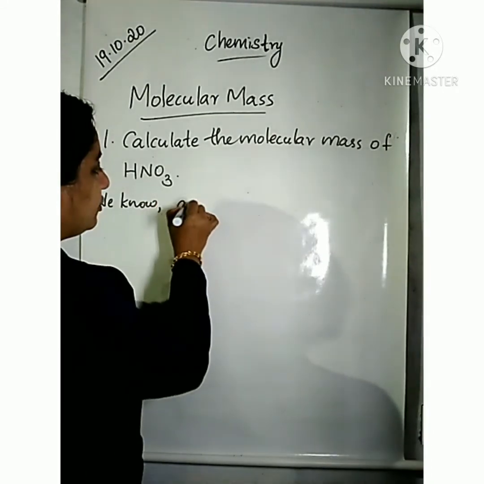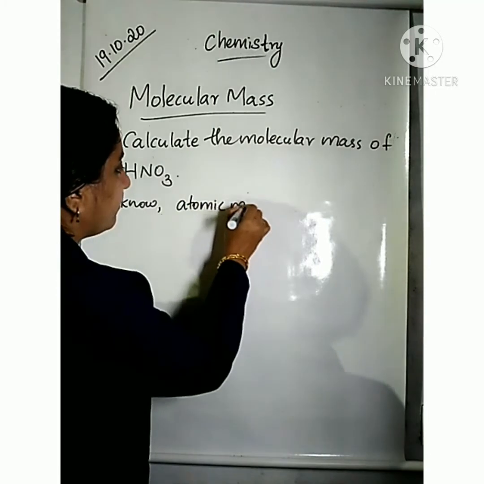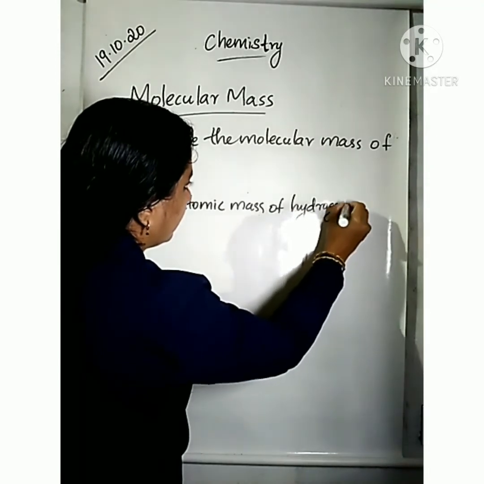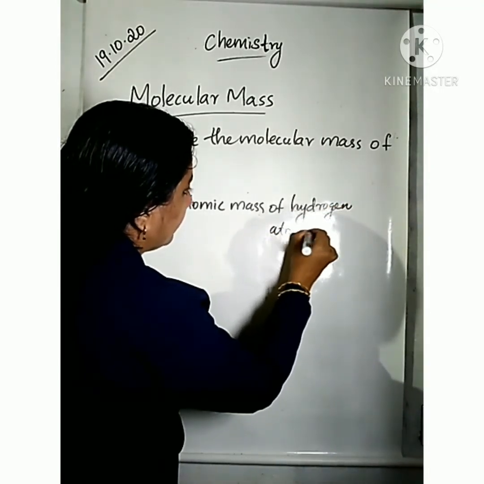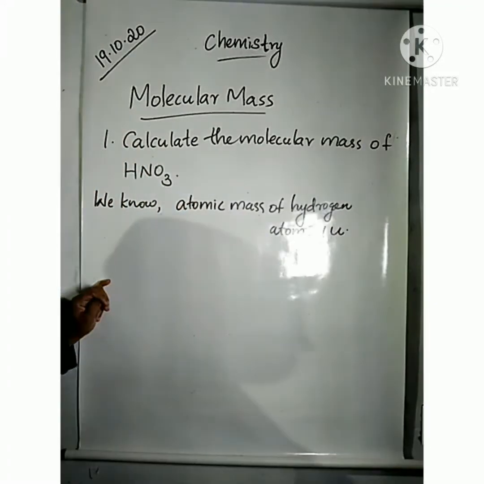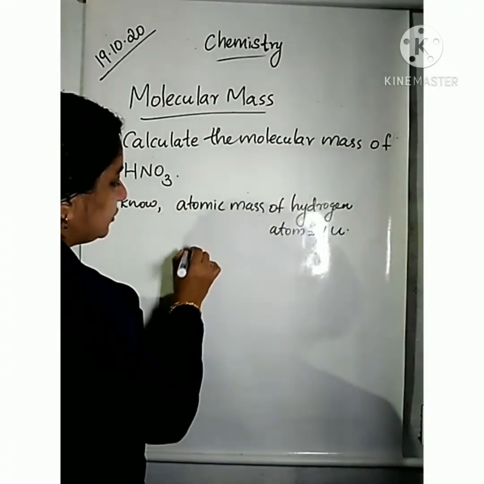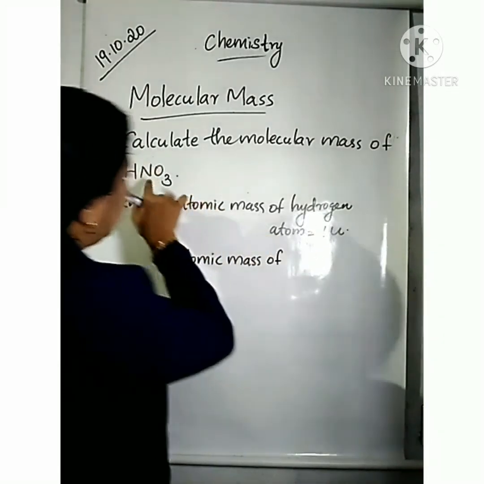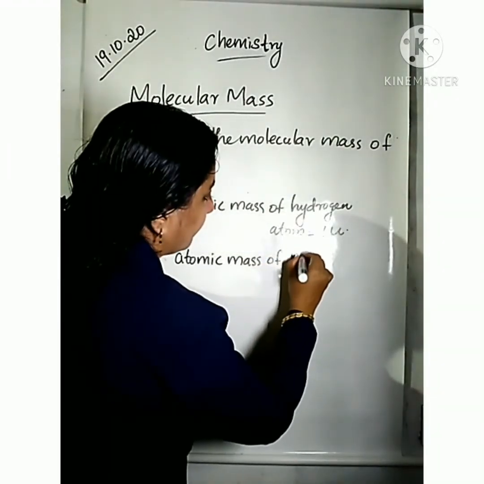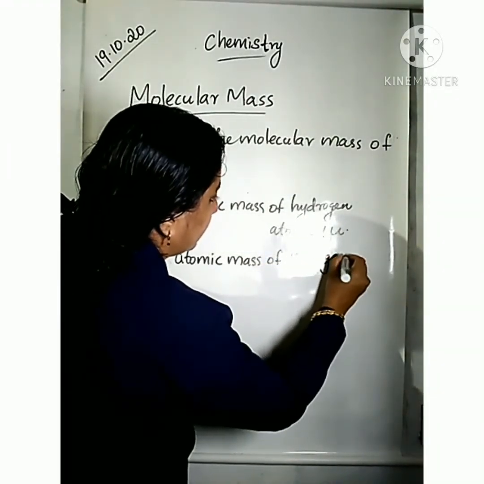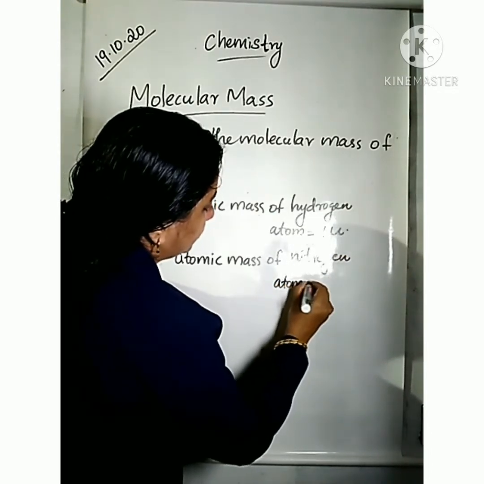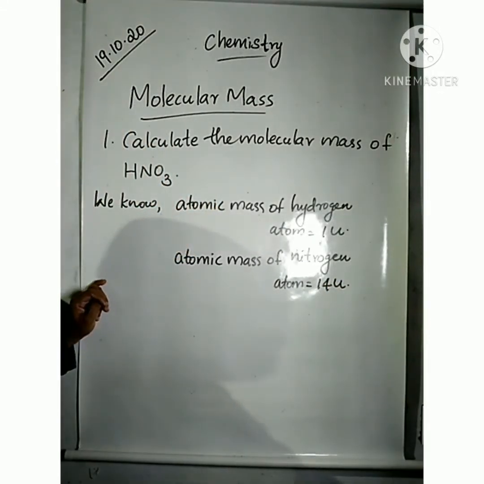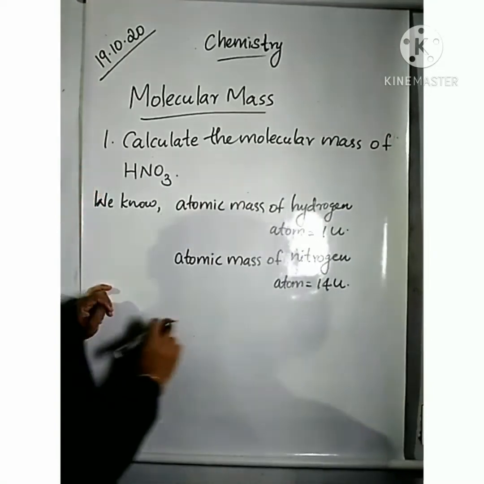So, atomic mass of hydrogen atom equals 1 AMU, 1 atomic mass unit. Then atomic mass of nitrogen atom equals 14 atomic mass unit.